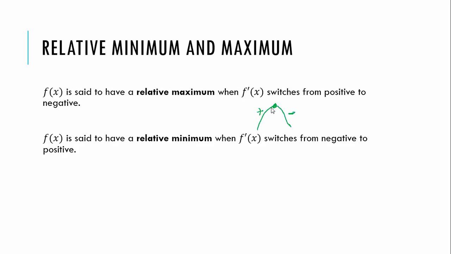And this makes the top of the hill, or your relative maximum. And then f of x is said to have a relative minimum when the derivative of f of x switches from negative to positive. So again, we're going from negative slope to positive slope.